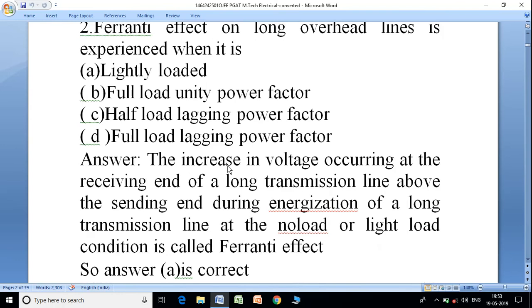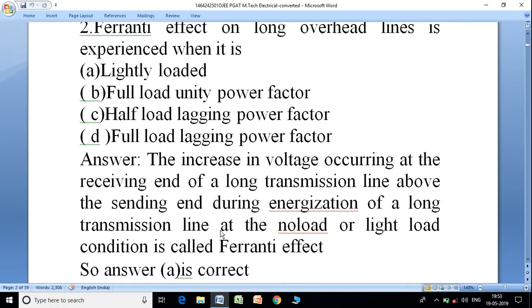That is the increase in voltage occurring at the receiving end of a long transmission line above the sending end. So it means when the receiving end voltage is more than the sending end voltage during energization of a long transmission line at no load or light load condition, it is called Ferranti effect.